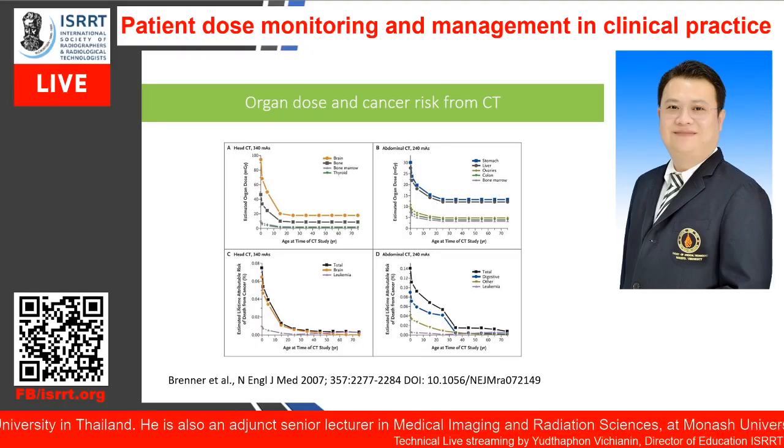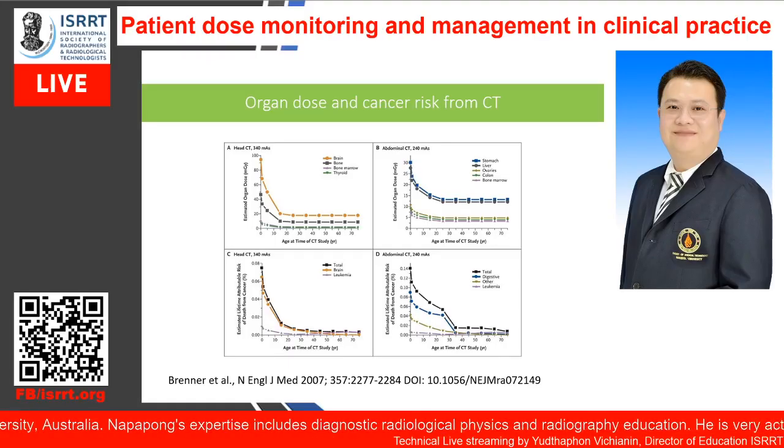And if you look into the other side of radiation effect, we have deterministic effect, right? Skin reaction, epilation. Another side is the cancerous. If you look at this graph from Brenner, who has done a lot of research in radiation biology, in this publication from a long time ago in 2007, you can see organ dose and cancer risk from CT.